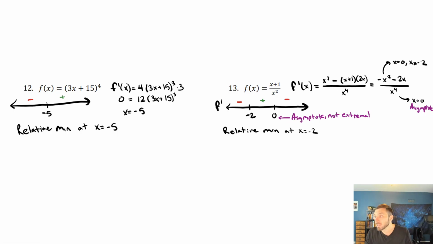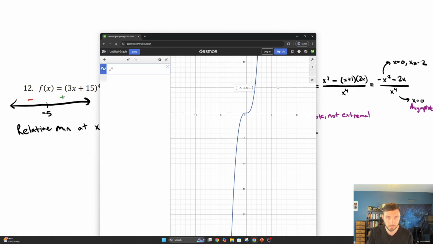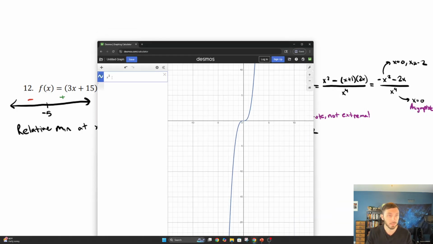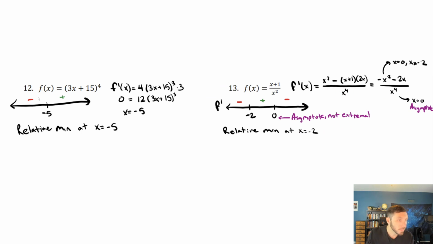Because if you think about x cubed, right? Odd, it's just increasing to increasing. This is even, and I'll bring that to the 4th power, and it's decreasing to increasing. So decreasing to increasing, or negative to positive with the derivative. That's a relative min.